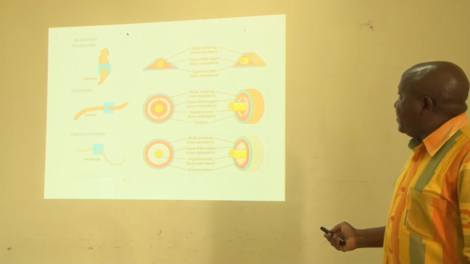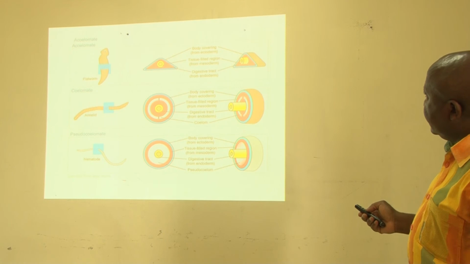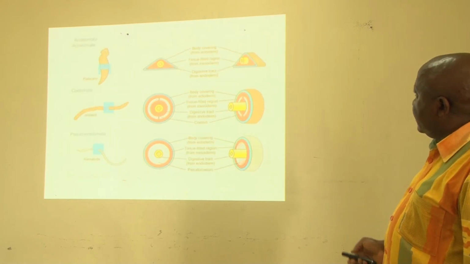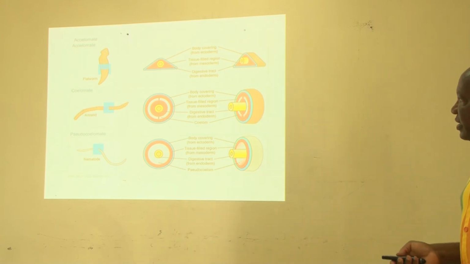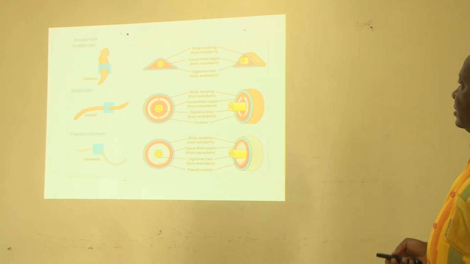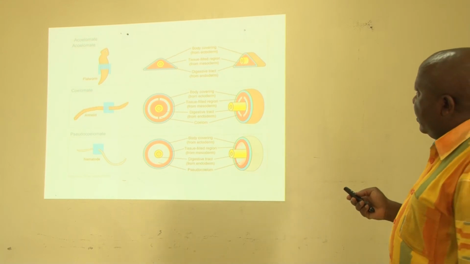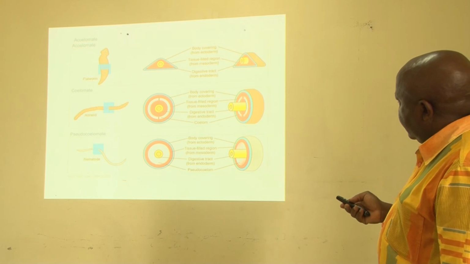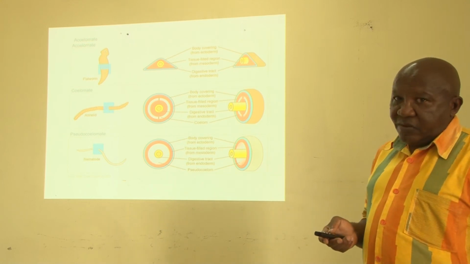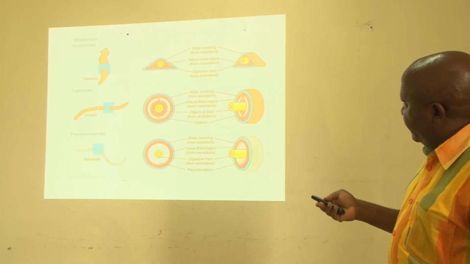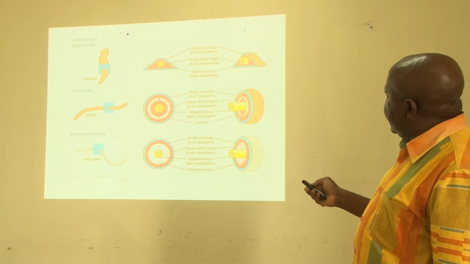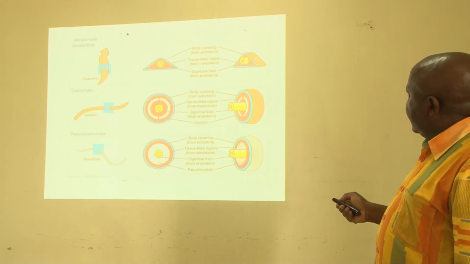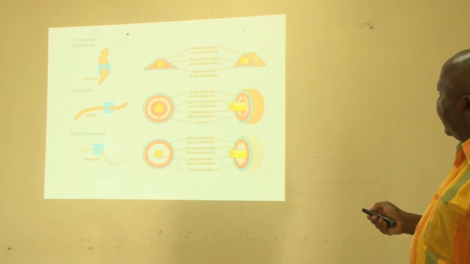Again, let us now appreciate the types of body cavities and examples. For those animals which have no body cavities at all, which belong to lower animals, including the flatworms, you can see that there is no distinct body cavity.